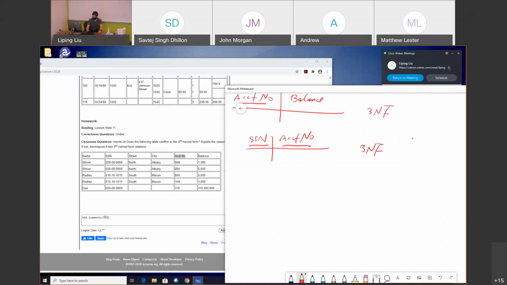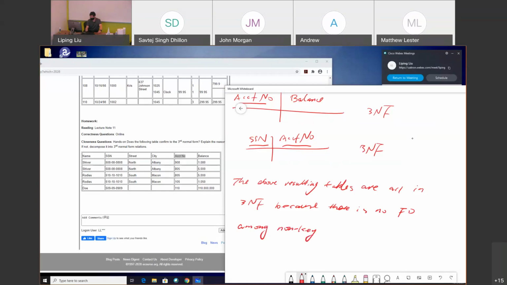So the above resulting tables are all in third normal form because there is no FD among non-key columns.